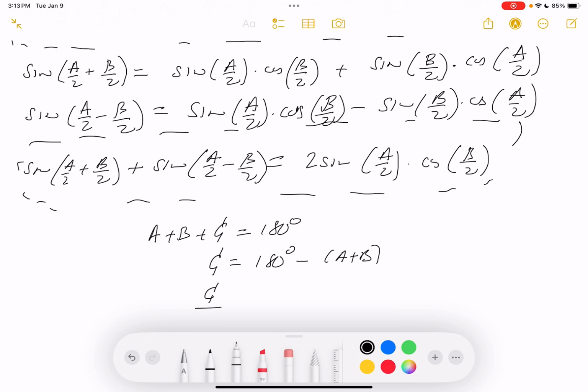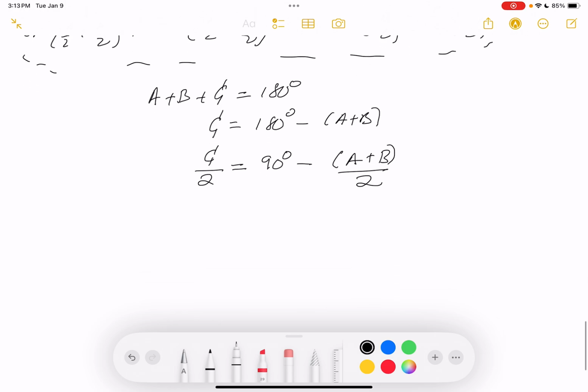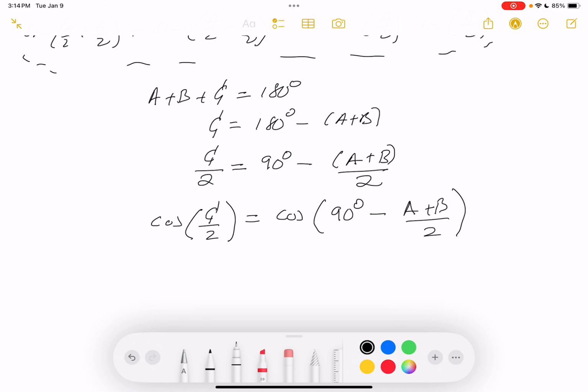So I could probably write down C over 2 is equal to 90 degrees minus A plus B over 2. And then I could write down the cosine of C over 2 is equal to the cosine of 90 degrees minus A plus B over 2.